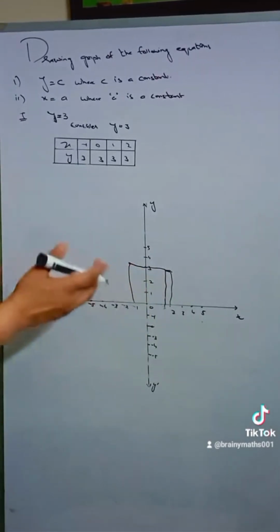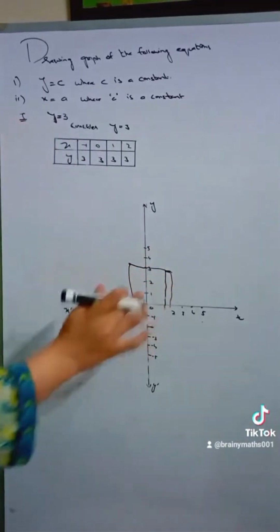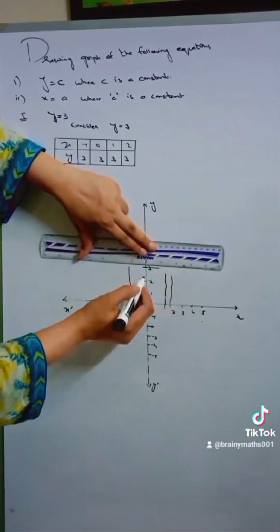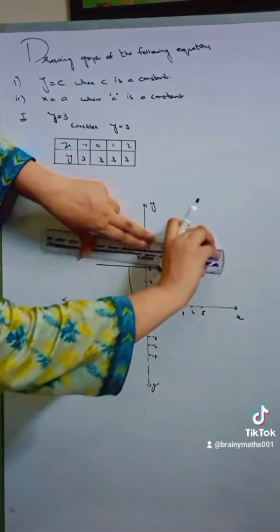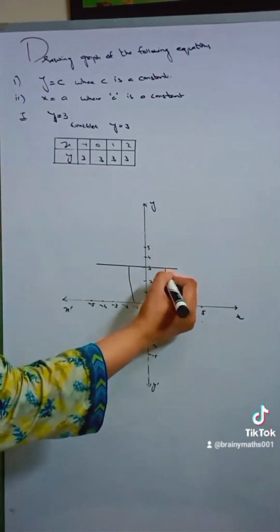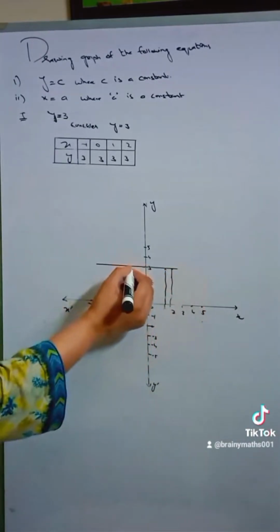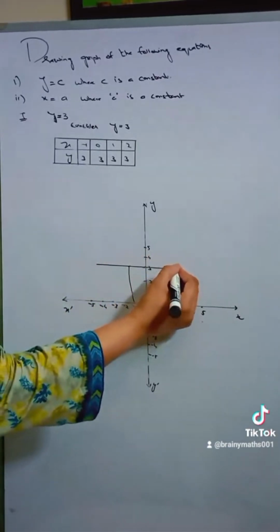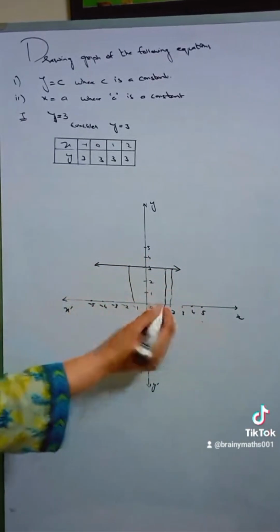So by joining these points, we get a line. Now I am just doing it neatly, using the scale. So this point is called A, this point is on 1, this point is on 2, this point is on minus 1. By joining these points, you get a linear equation which is parallel to the x-axis.